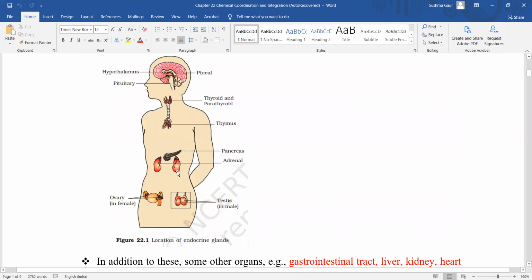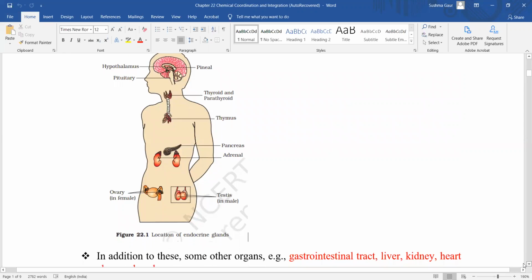Which organ is this? Kidney. Yes, they are present on top of the kidney. The pancreas is present between these kidneys. These are the ovaries in case of females, and these are the testes in males. They are reproductive organs or gonads.